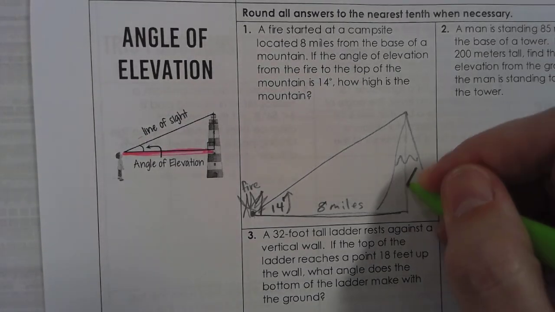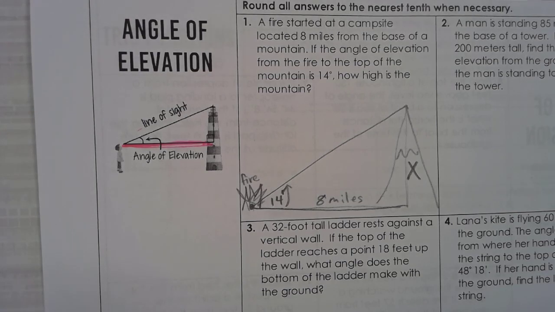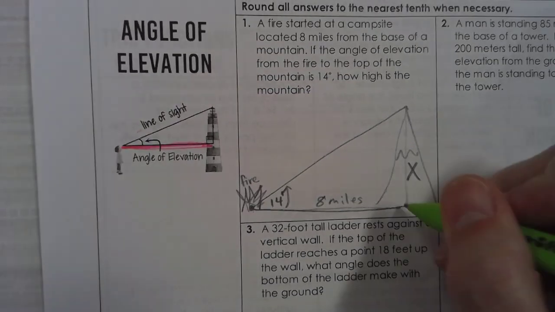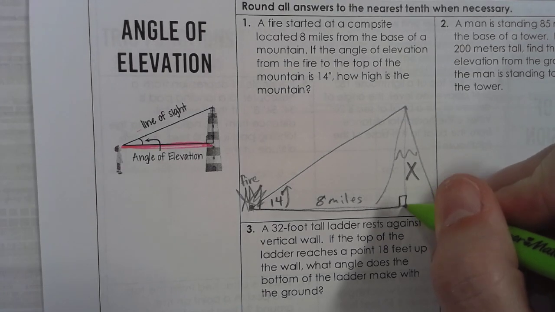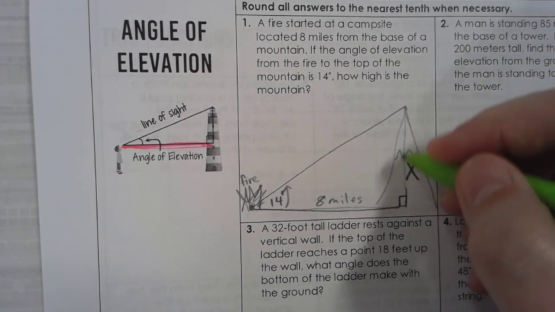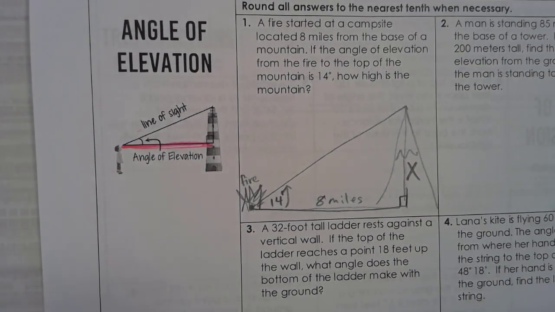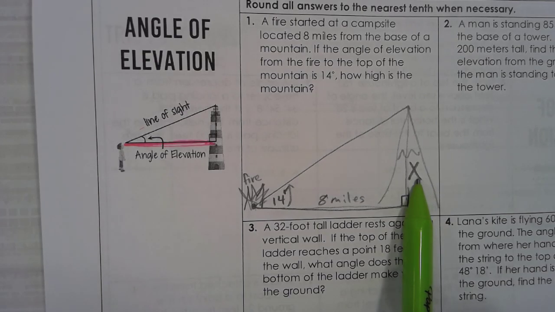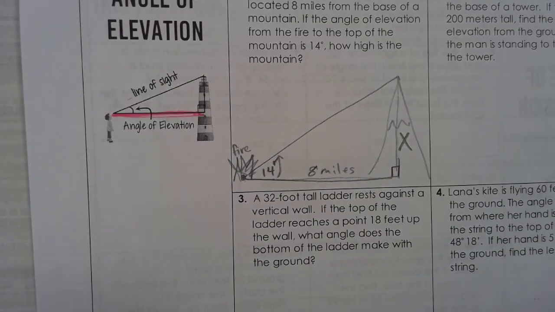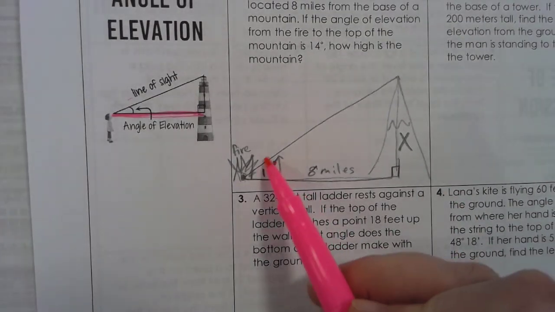How high is the mountain? X. Where's the right angle go? At the base of the mountain, between the mountain and the ground. So on this problem, if I were to label this now, we've got our 14 degrees here.